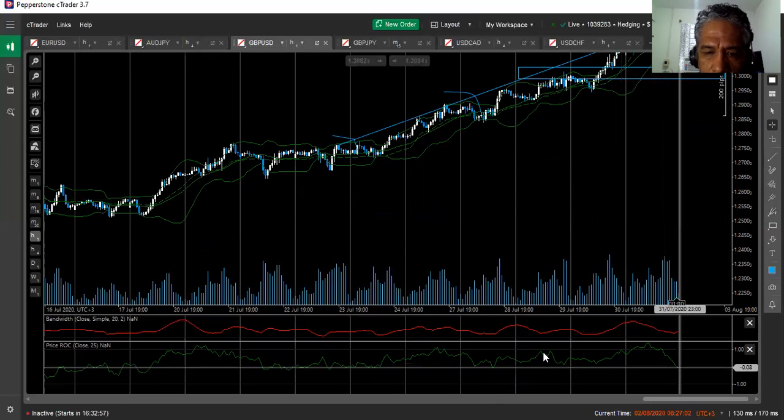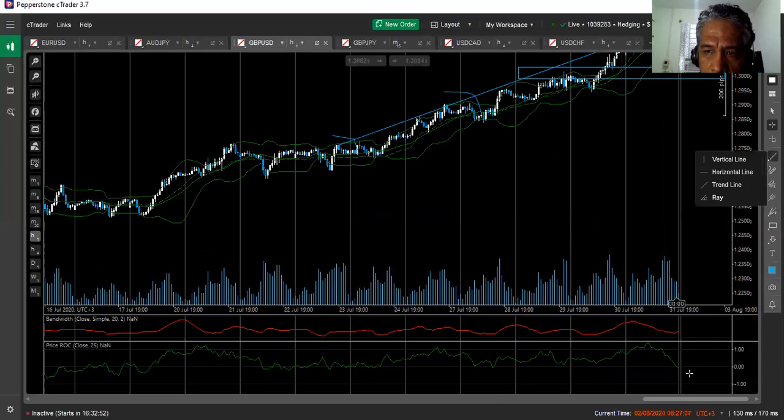If the market will be playing in this area, let me draw it here, making lower high, lower high. So it's not wise to buy. It's really good to look for a sell entry.